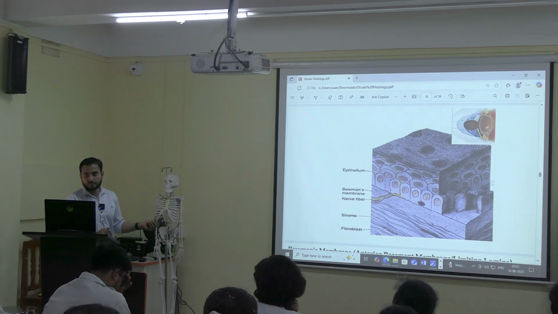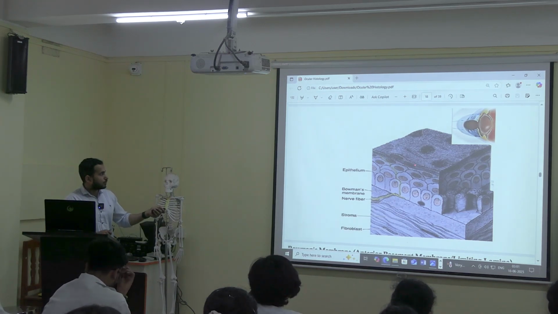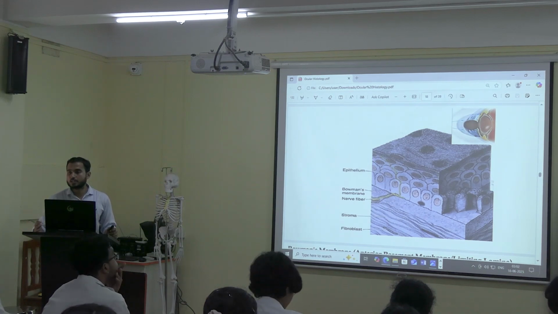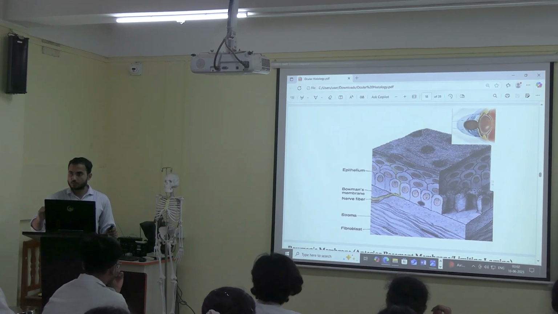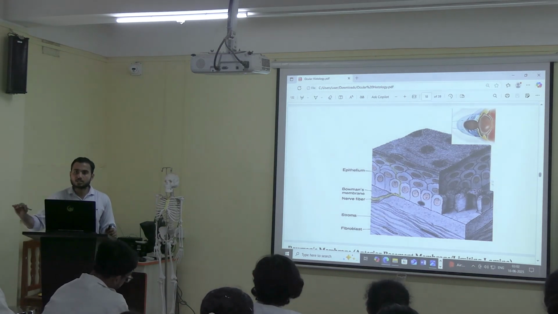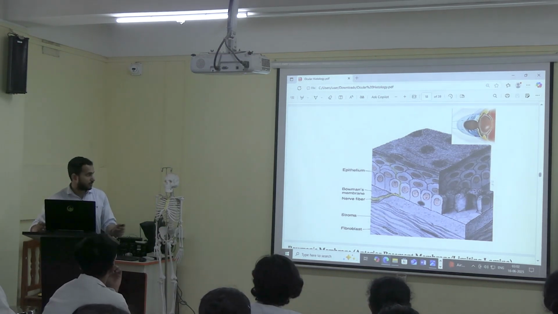Can you see the Bowman's membrane over here in the diagram? So this entire layer is made up of stratified squamous non-keratinized epithelium, also called as corneal epithelium. Okay, so its basement membrane, where the cells will lie, that is called the Bowman's membrane, which you can see over here.